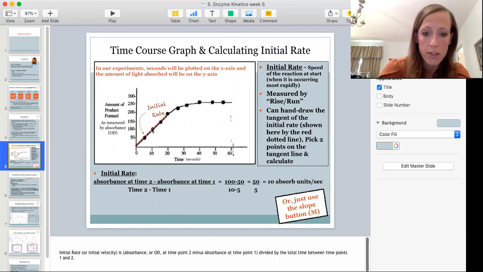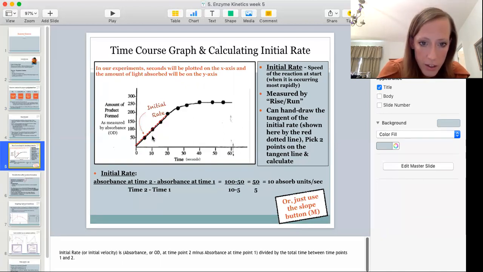So right here, this point and the previous one, you could say my change in y is going to be 100 minus 50. So the change is going to be 50 in absorbance units. And then that goes over the change in x, so the change in time.